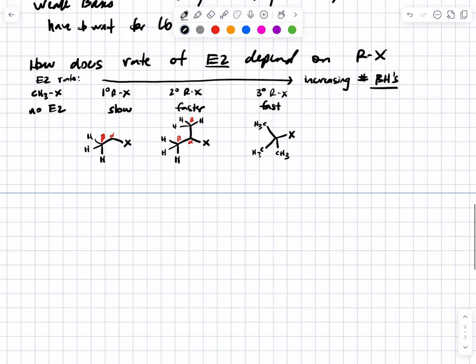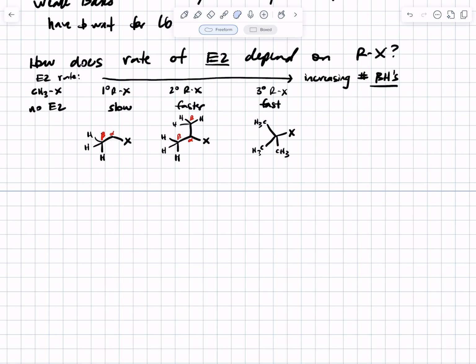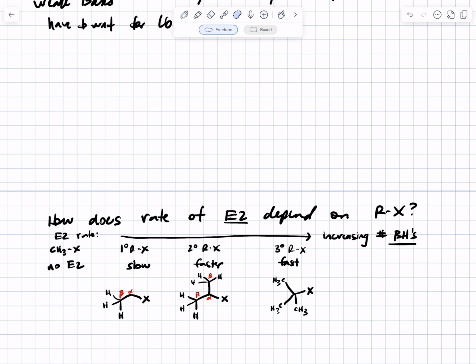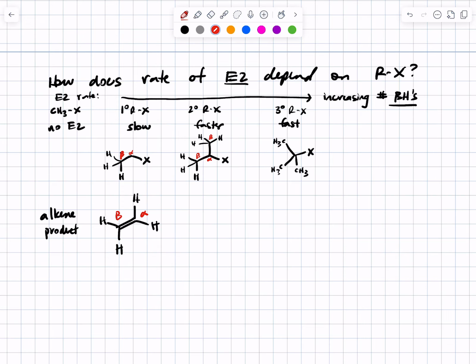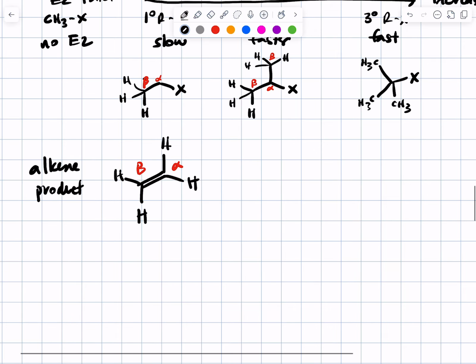The second explanation has to do with the stability of the alkene product. So how does the rate of E2 depend on the alkyl halide structure? What I'm going to do is just show you what the alkene product looks like for the E2 reaction. And I'll label the beta and alpha carbon. So for a primary alkyl halide, you have that kind of alkene.